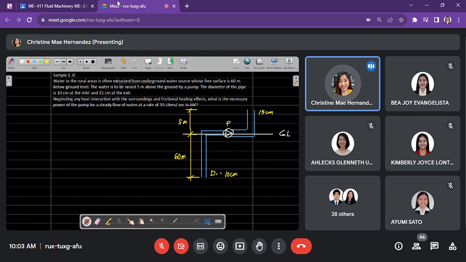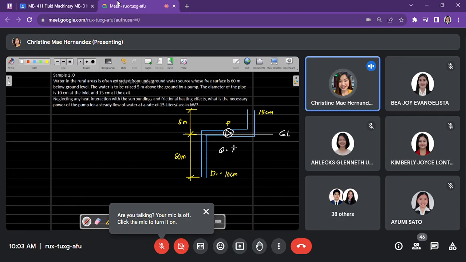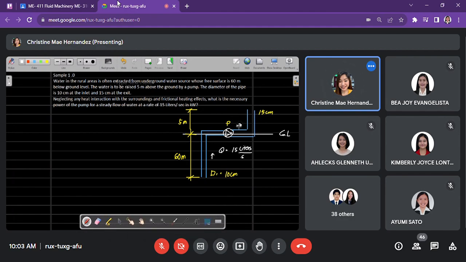So, ngayon, ang kinocompute natin is yung power ng ating pump. And meron din daw tayong volumetric flow rate na 15 liters per second. Okay?